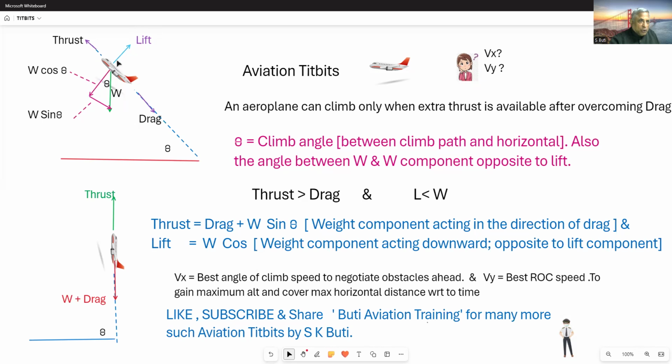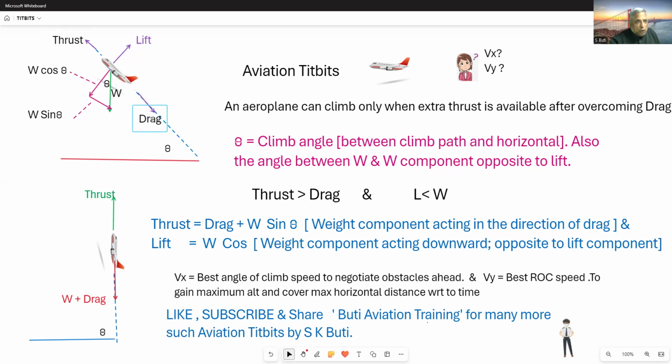Lift is perpendicular to the flight path, and this is downward. And the second is this part towards drag, whose value is W sine theta. And thrust acts forward, we all know it. So this angle theta is also equal to this angle theta.